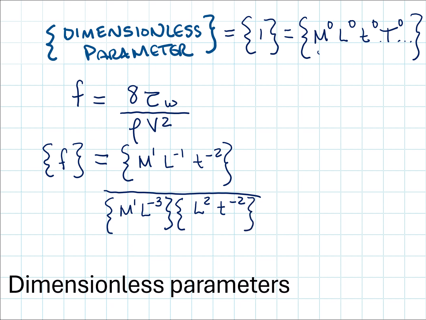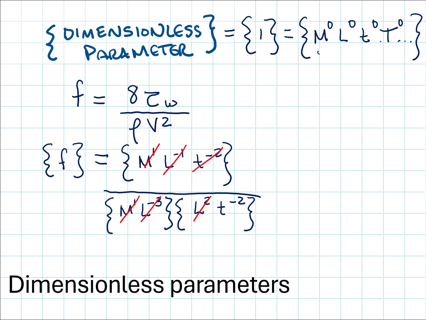like this. And so let's do some canceling out here, right? I've got a mass to the power of 1 here and a mass to the power of 1 here. I've got a length to the power of -3 plus a length to the power of 2 that are going to cancel with my length to the power of -1 in the numerator.